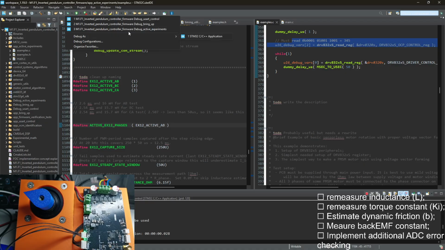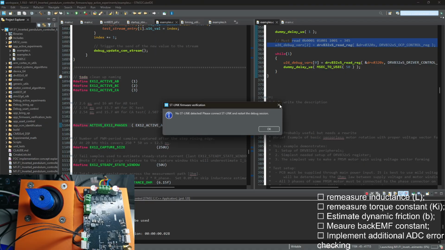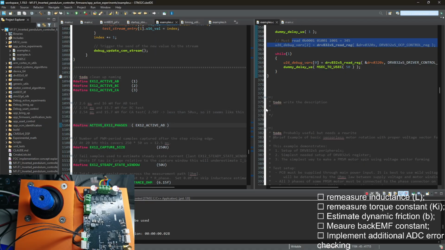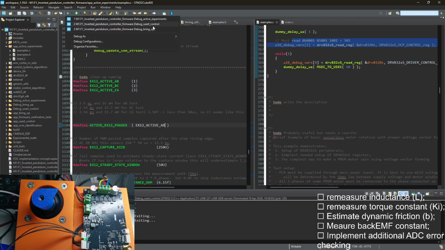Okay. But first let's reset our debugger. Always quite an often issue. Okay, should be all right now.